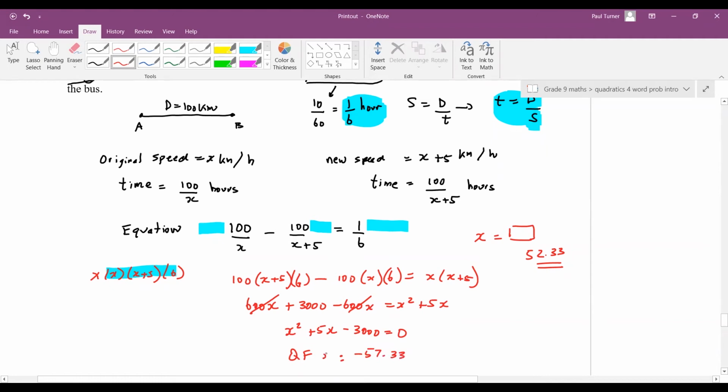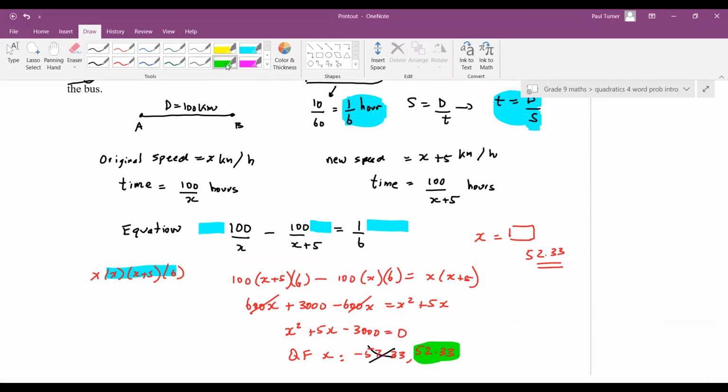57.33 and 52.33. So obviously the negative speed you don't want, so that one can be cut off. So your answer to X, your original speed is 52.33 kilometers per hour.